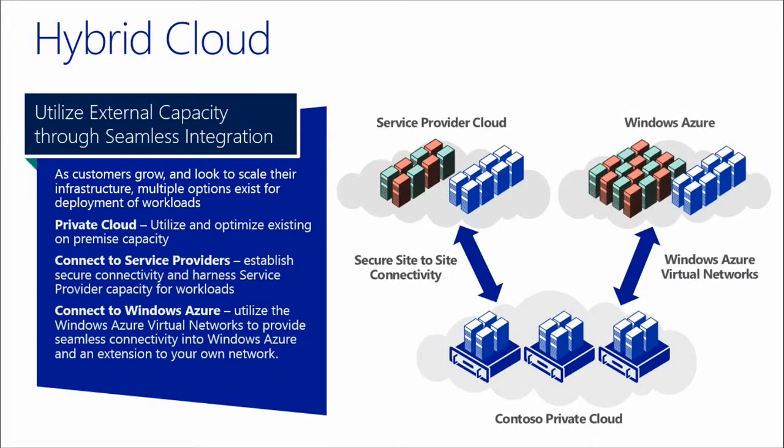So when we look through some of these capabilities, imagine the scenario where we have our public or private cloud that we built throughout the day. We built our fabric, we built our clouds on top, we've got our aggregated capacity and infrastructure, and we have options to connect it to a service provider private cloud through a site-to-site VPN, whether it's built into Windows Server 2012 R2 and utilizing the gateway functionality there, or a third-party solution to provide secure VPNs, of which there are many from the leading networking vendors.